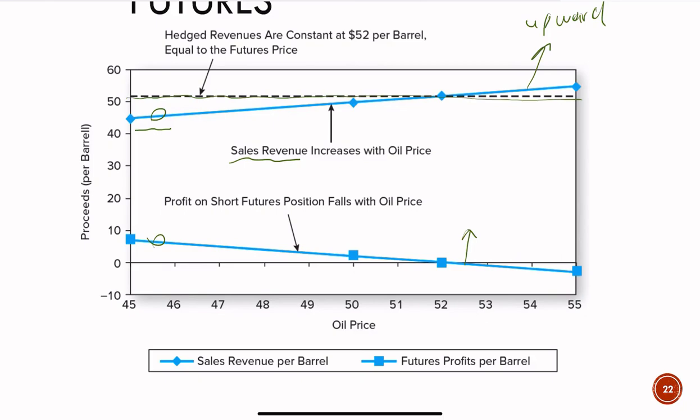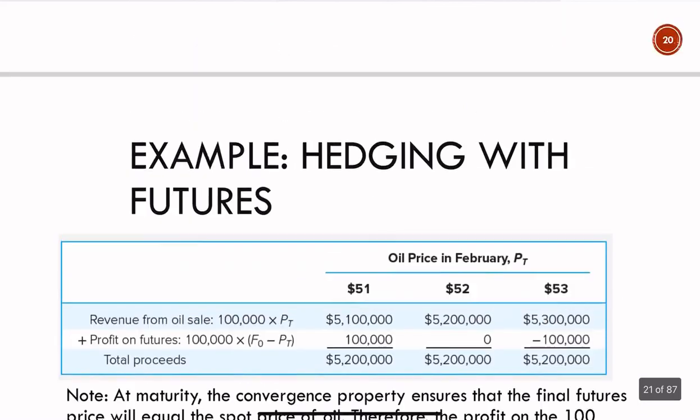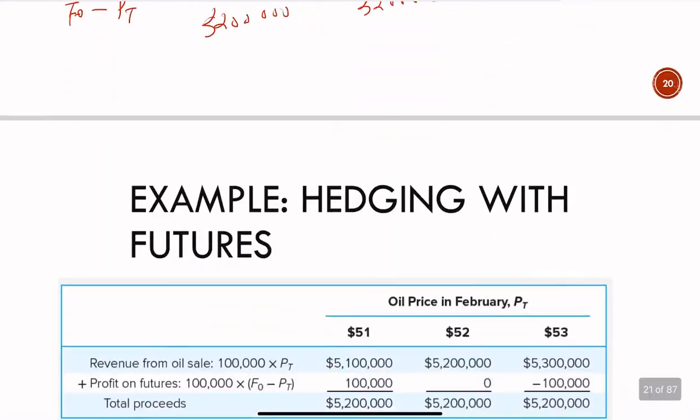So you can see the motivation here, right? If you're the seller, you want this certainty. You want to know for certain that in February next year, you can sell your oil at $52. So as a hedger, you will want to sell this futures contract with a futures price of 52.